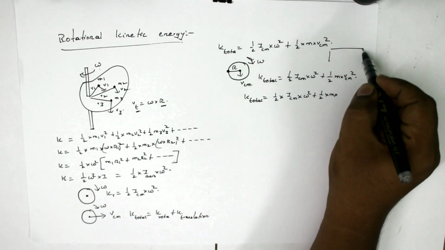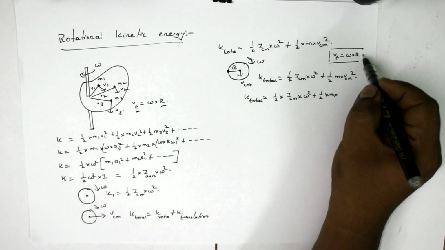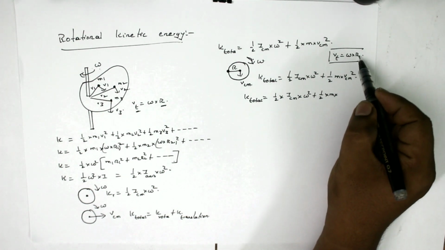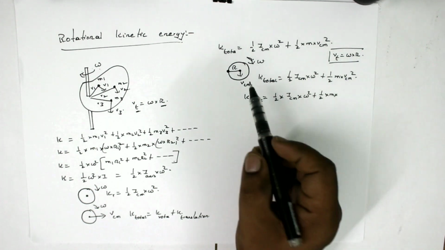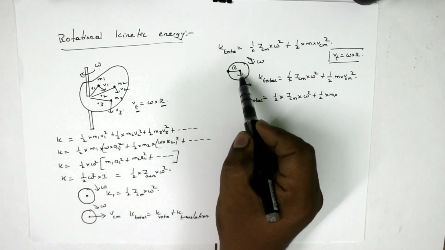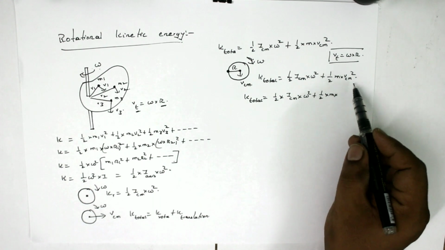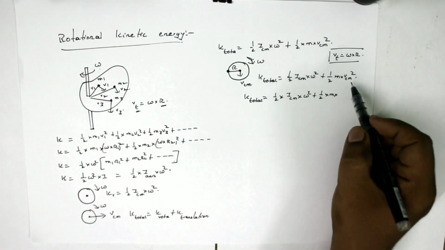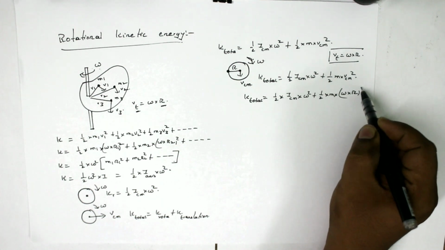The equation for tangential velocity is omega into r, where r is the distance of the point where we are checking the tangential velocity from the axis of rotation. From this axis of rotation up to this point, the distance is the radius r itself. So instead of V cm square, I will substitute omega into r whole square.